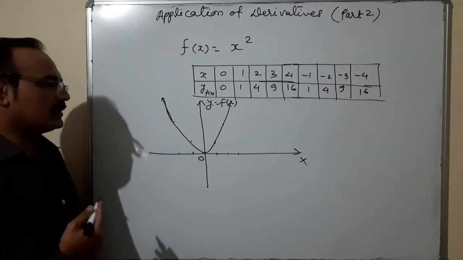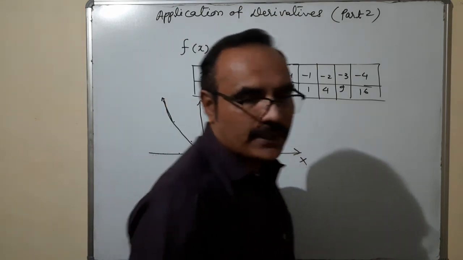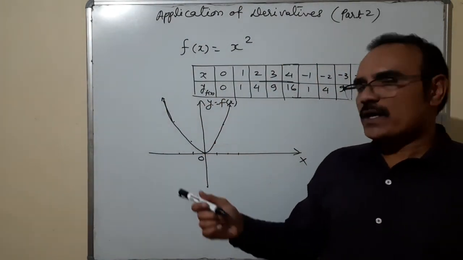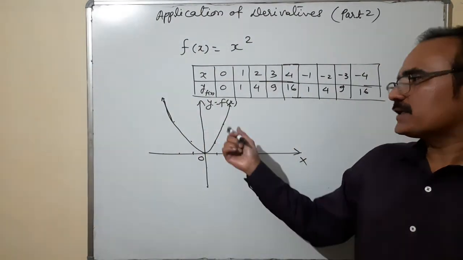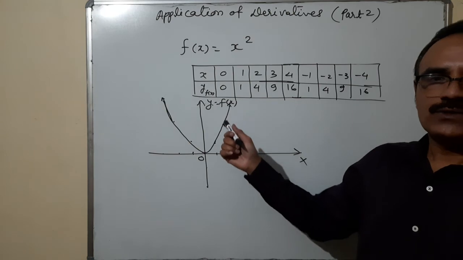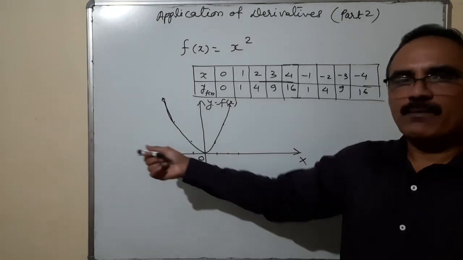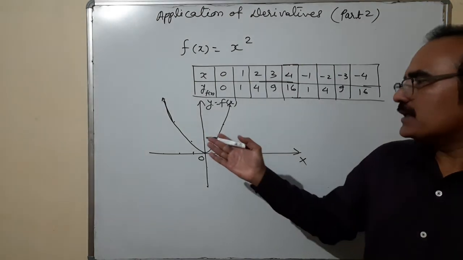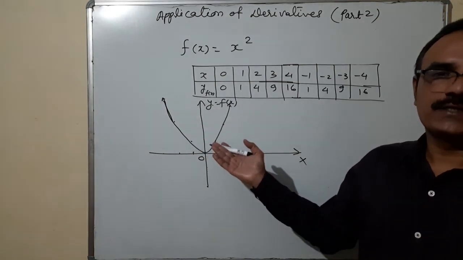When you see this graph, we can understand one thing: what can we say about whether this function is increasing or decreasing? On one side it is decreasing, but here it is increasing. So this function on the real numbers, from minus infinity to plus infinity, is neither increasing nor decreasing.